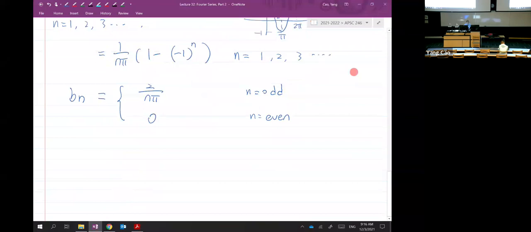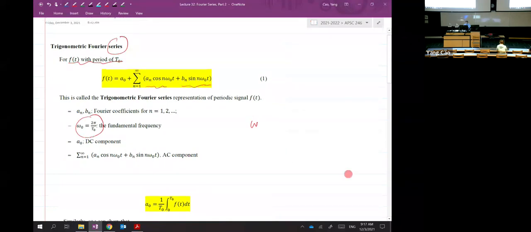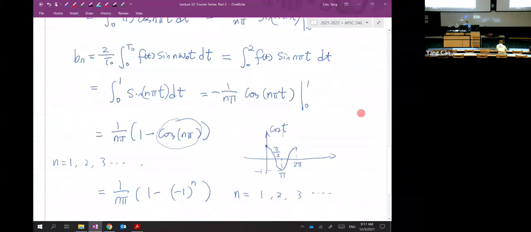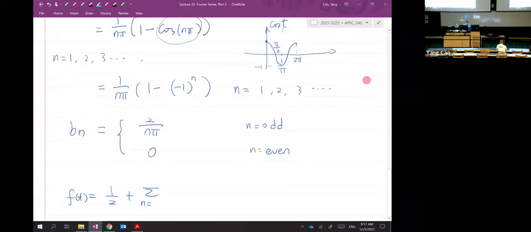So now I've got all of the constant values, and I can write my f of t using the formula for Fourier series. So that equals 1/2, and then the sum over n. If you look at the original formula, n starts from 1 to infinite. However, we have just demonstrated that an is always 0, and Bn exists only when n is an odd number.